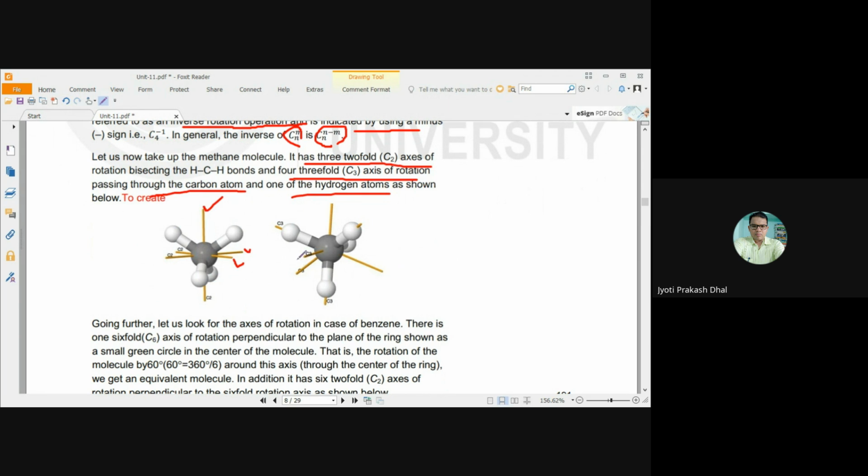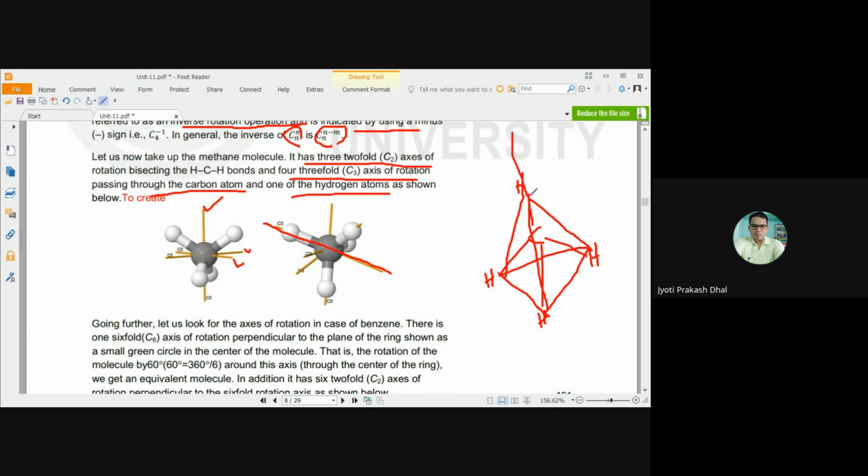Similarly, if we consider the C3 axis, in the tetrahedral structure of methane, if one imaginary axis passes through the carbon and one hydrogen atom, then that is called a C3 axis of rotation, and similarly there will be four C3 axes of rotation.